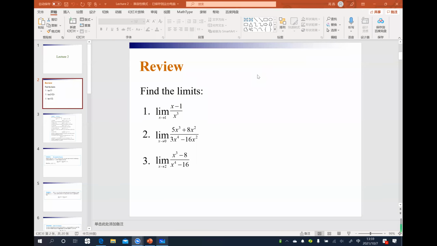I think the first question is easy, just by substitution. So if you have finished the first one, you can send your procedure in the WeChat group and let me know, okay?